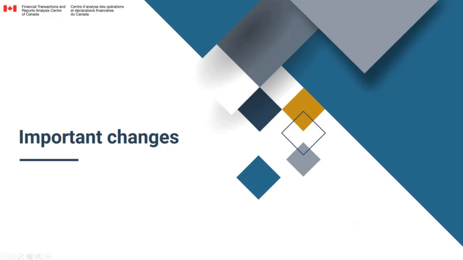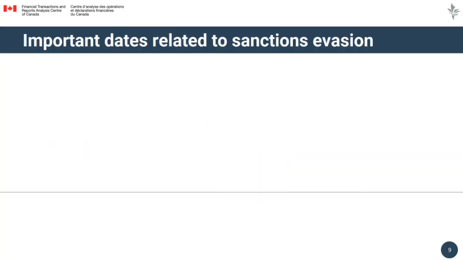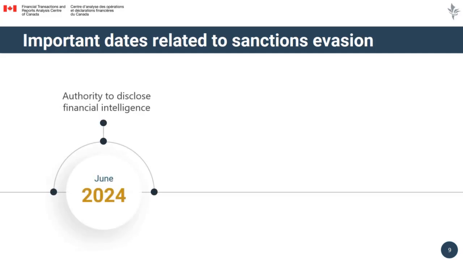Canada's 2023 Fall Economic Statement announced the government's commitment to introduce legislative measures to combat sanctions evasion. These measures allow FINTRAC to use its expertise, empowered by the PCMLTFA, to develop intelligence products and, where appropriate, disclose its findings to law enforcement partners in an effort to support law enforcement and Canada's sanctions-based asset seizure and forfeiture regime.